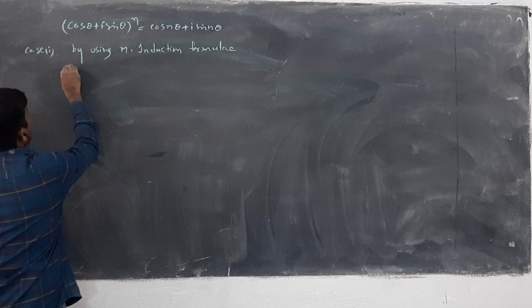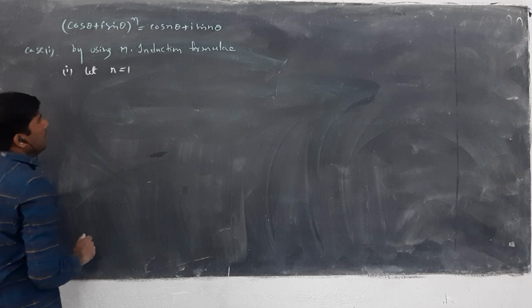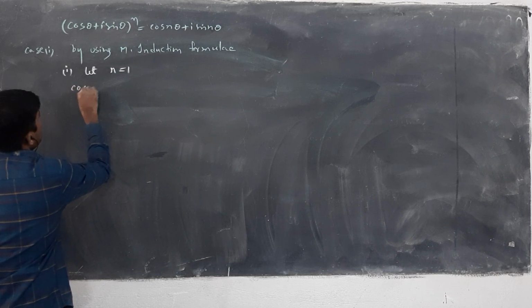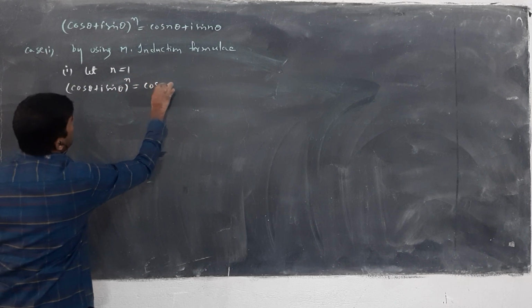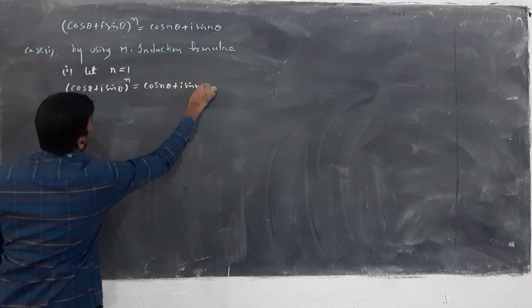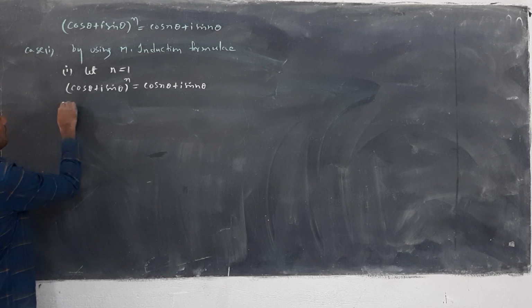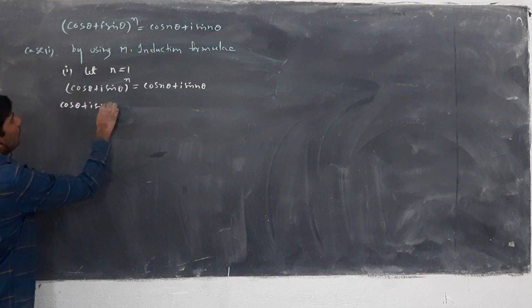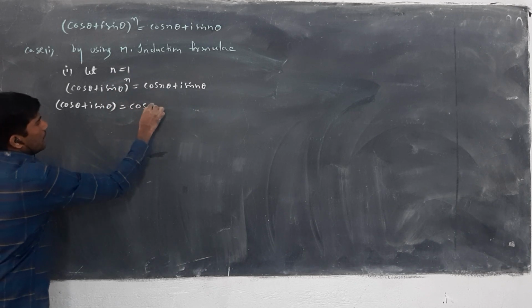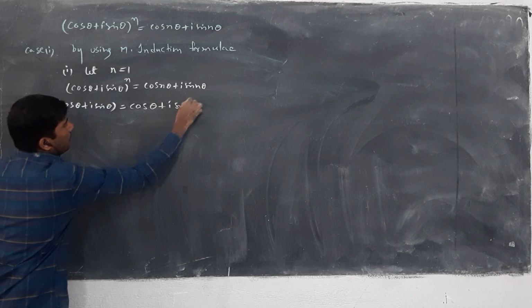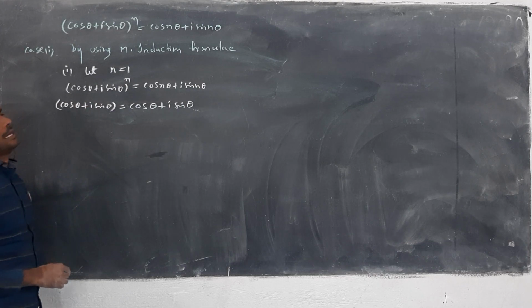In the first case, let n is equal to 1. Cos theta plus i sin theta whole power of 1, because n is equal to 1, is equal to cos 1 into theta plus i sin 1 into theta, that is cos theta plus i sin theta.